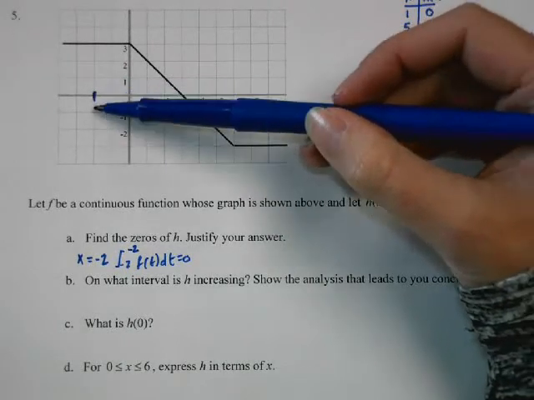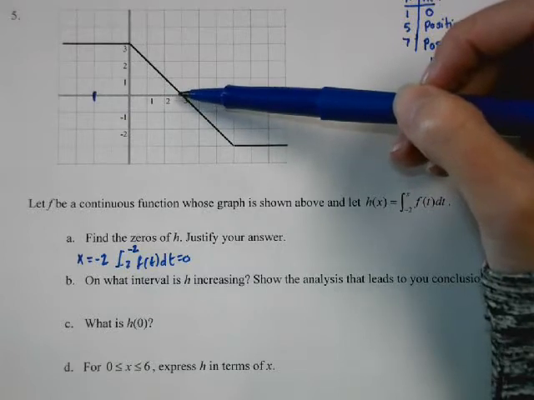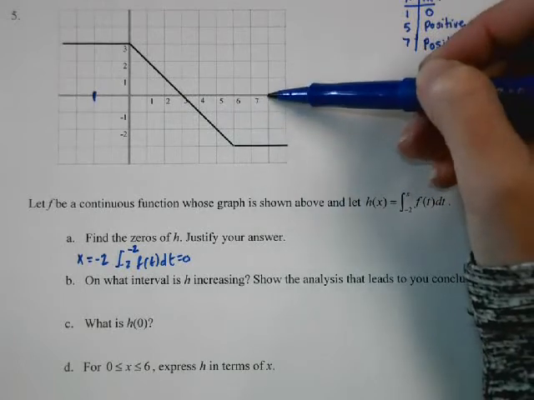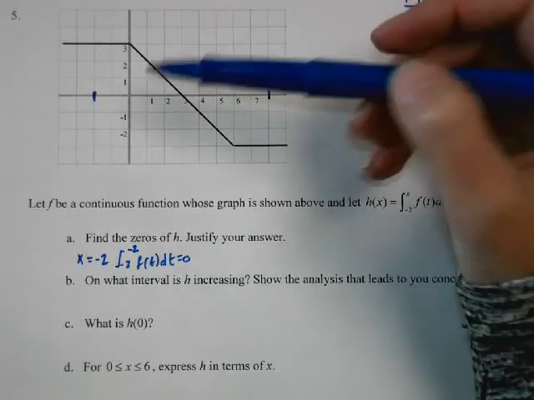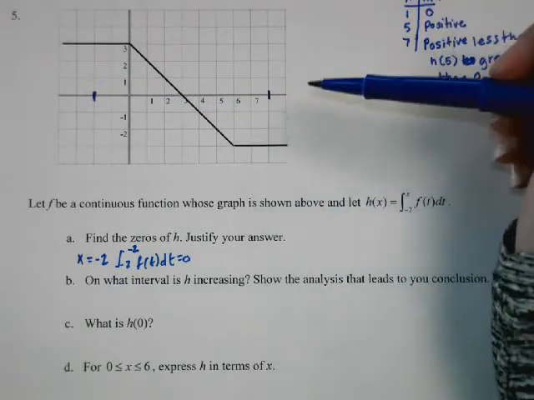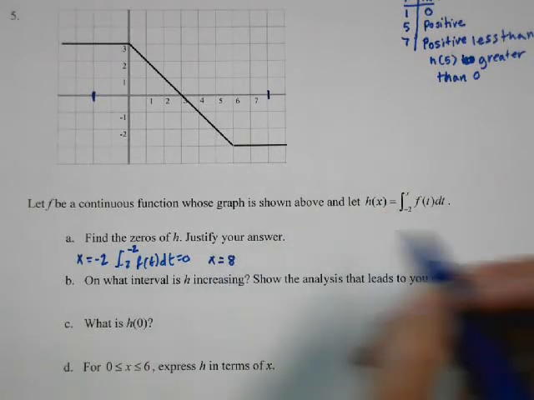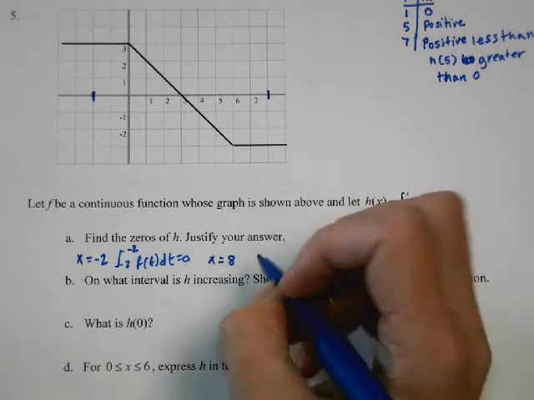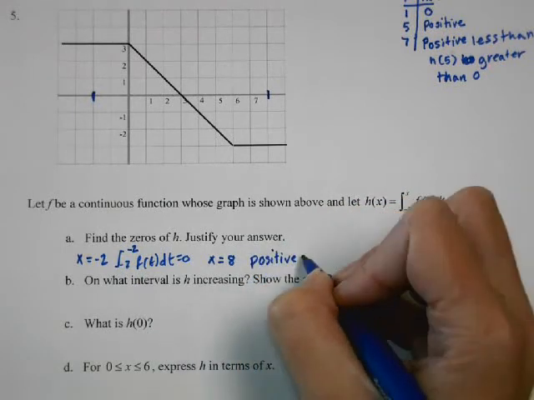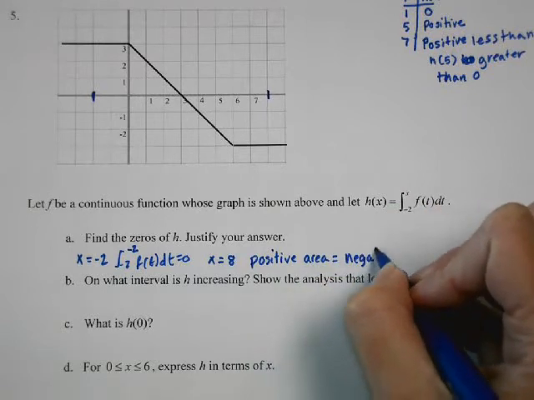Then it gets positive. We're adding on positive area, positive area, positive area to here. Then we start adding negative area, negative area, negative area. At this point, the area above the curve is going to equal the area below the curve. So x equals 8 is going to be our second 0, because the positive area equals the negative area.